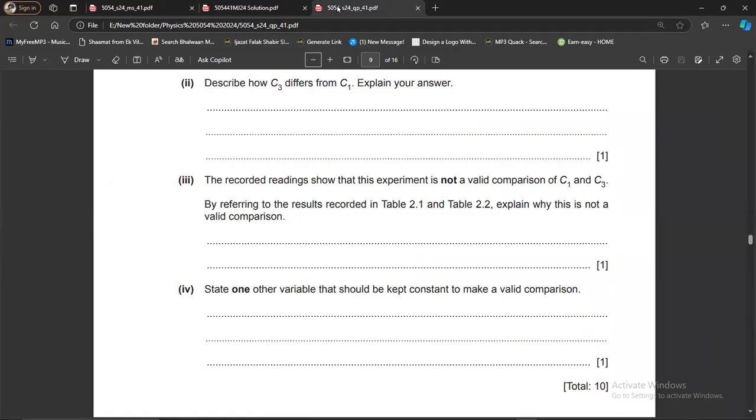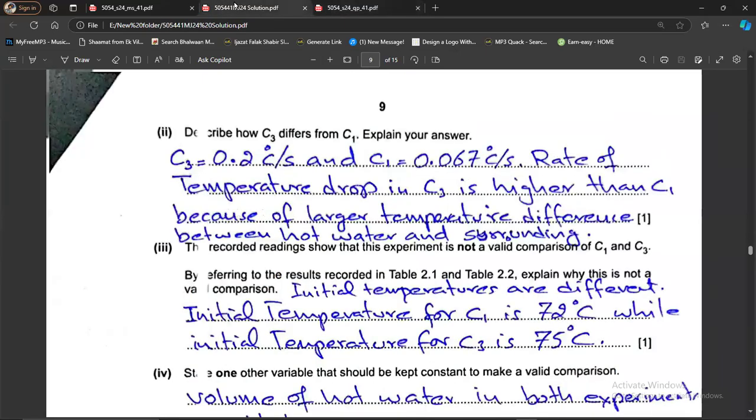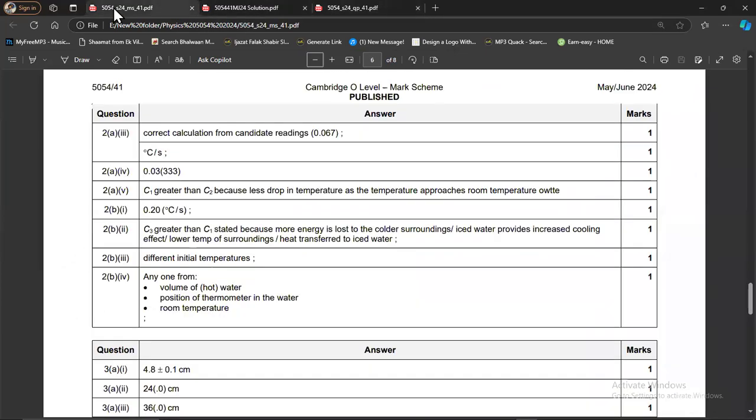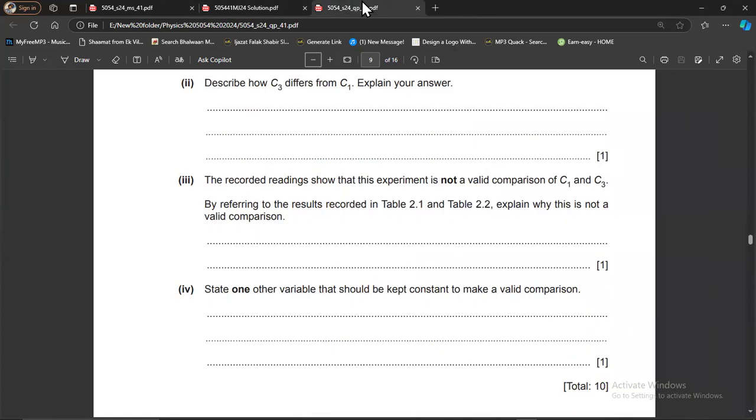For a valid and fair comparison, the initial temperature of the hot water should be kept the same. Initial temperature for C1 is 72 degrees centigrade, while initial temperature for C3 is 75 degrees centigrade. So different initial temperatures. This is our answer.